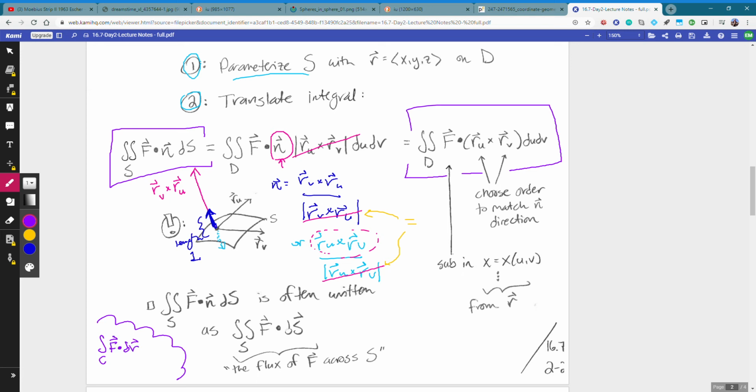We had this kind of funny notation, F dot dr. Here, we use the surface integral of F dot dS hat. That's the notation that we use for the surface integral over a vector field. And the language that's used is flux. We say that this is computing the flux of our vector field across our surface.